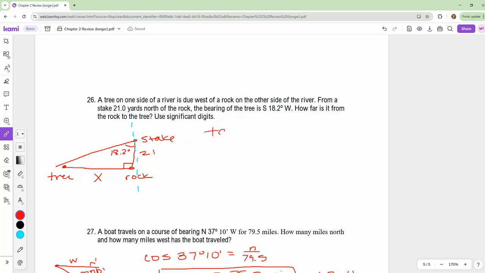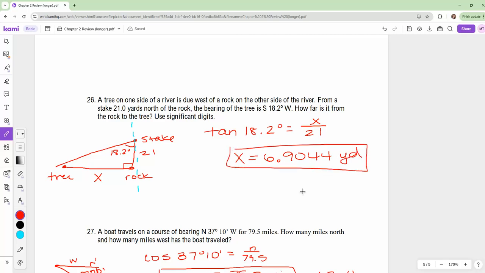So we could say the tangent of 18.2 degrees equals the opposite side x over the adjacent side 21. Multiply that over. 6.9044 yards.